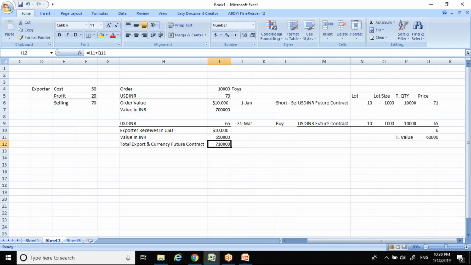In fact, sorry, the profit from the futures is 60,000, and together it comes to 710,000 in total terms, so you actually made 10,000 rupees more because of the spread.